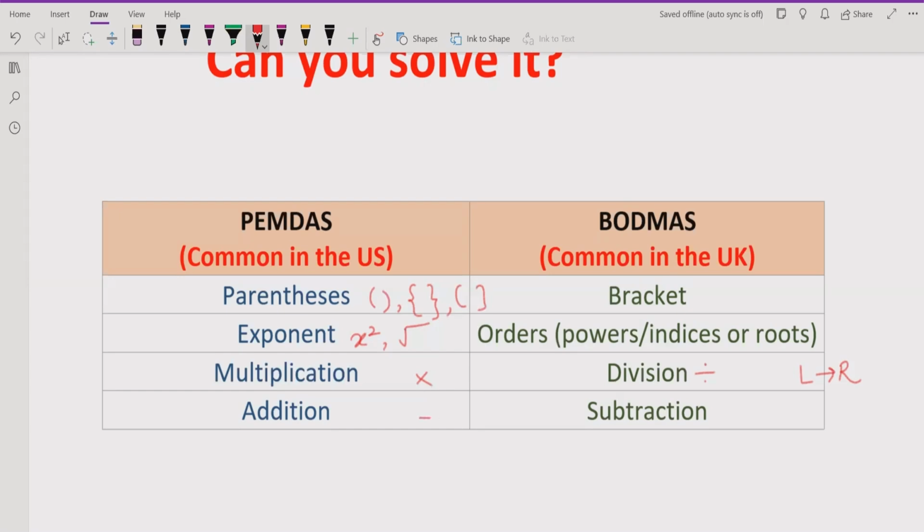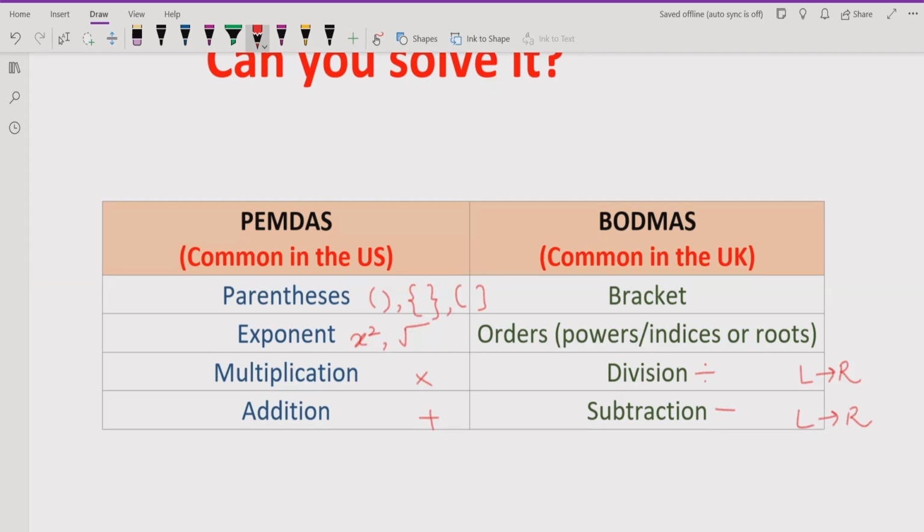Similarly for addition and subtraction, you go left to right and see which one comes first. So you can solve subtraction first before addition, or if the addition comes first in the expression, you solve that addition first.